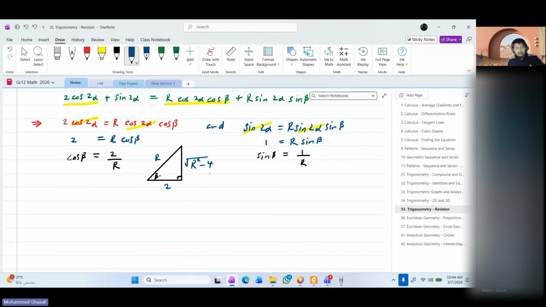Now from this triangle, what is sine beta? Sine beta is opposite over hypotenuse, which is square root of r squared minus 4 over r. And the second part of the equation also gives sine beta, which is 1 over r. So now we can equate both.